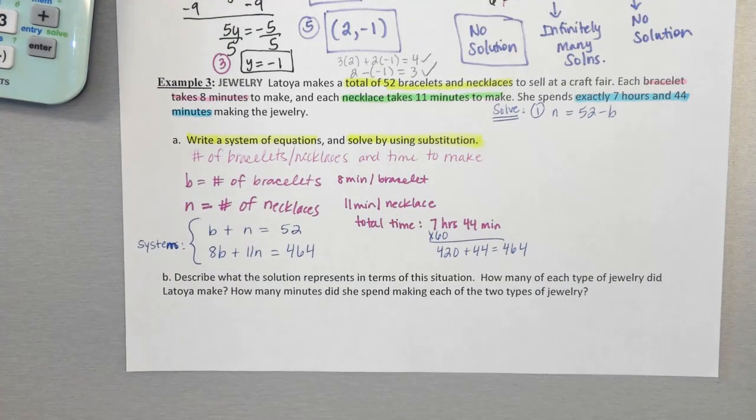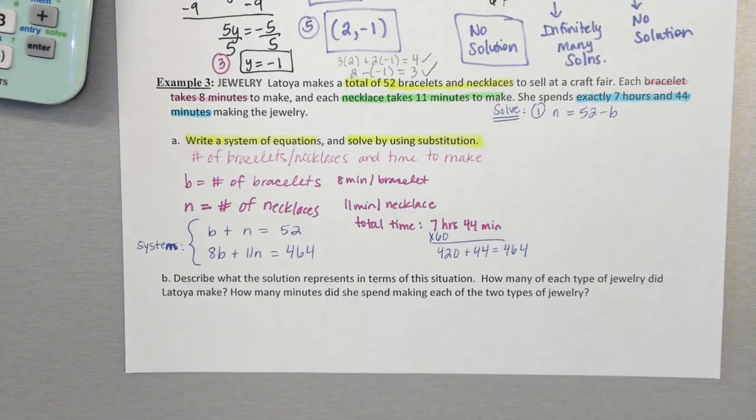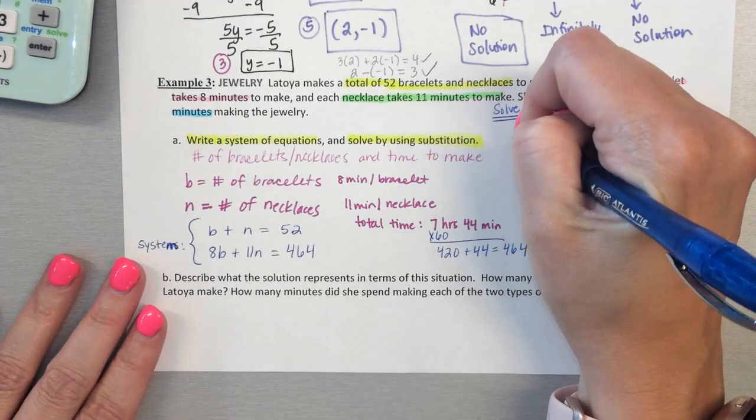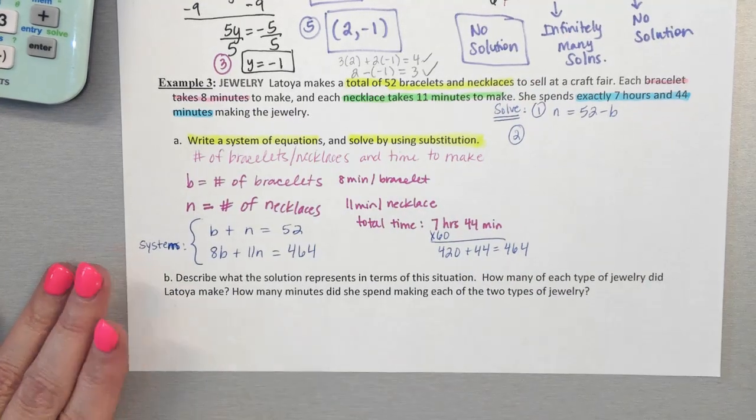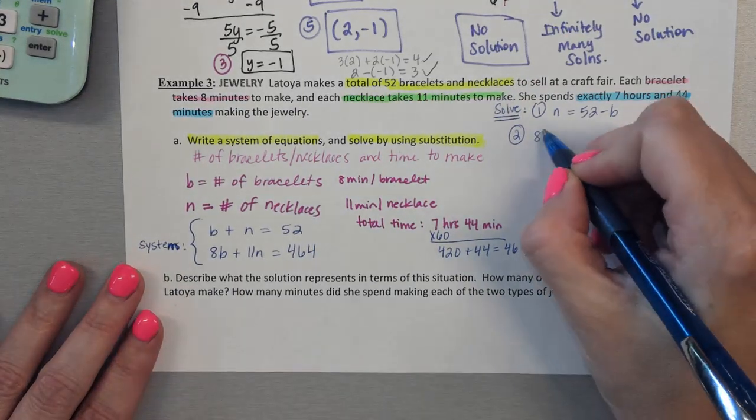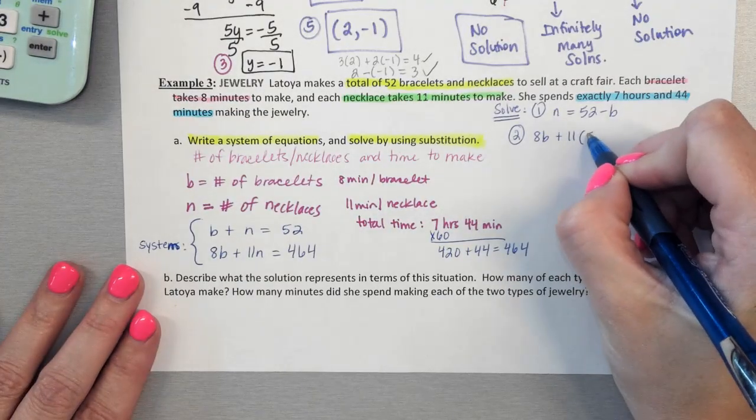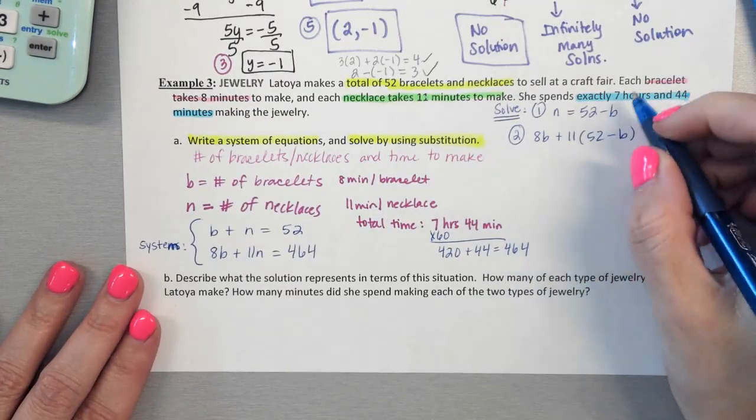Do not be peer pressured, or teacher pressured. Feel free to solve for either one, and then let's see if we can get the same thing. And then once you have that, we're going to plug it back in here. I'm going to give you some time to do the algebra there.